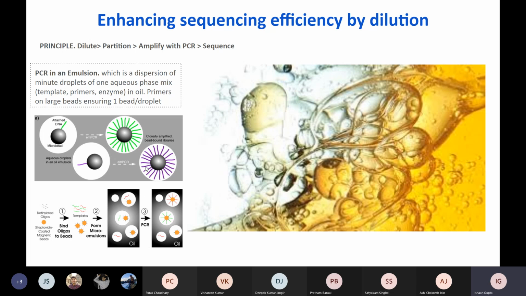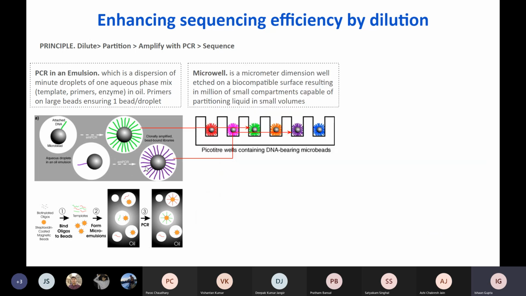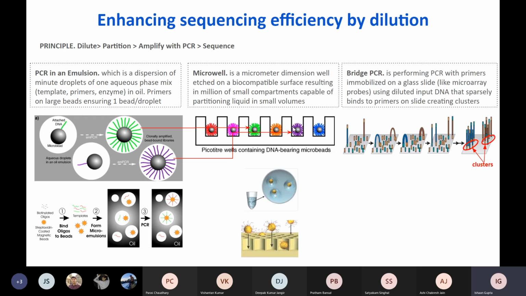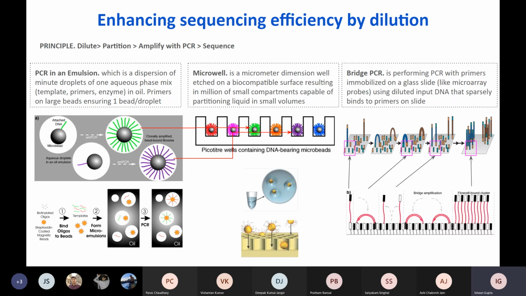All right. Now you can take these beads and put them in picoliter wells, right? Each well is going to have a different bead, and now you can perform a sequencing reaction. This is how it looks, and you can perform the sequencing reaction within these wells by different kinds of methods.